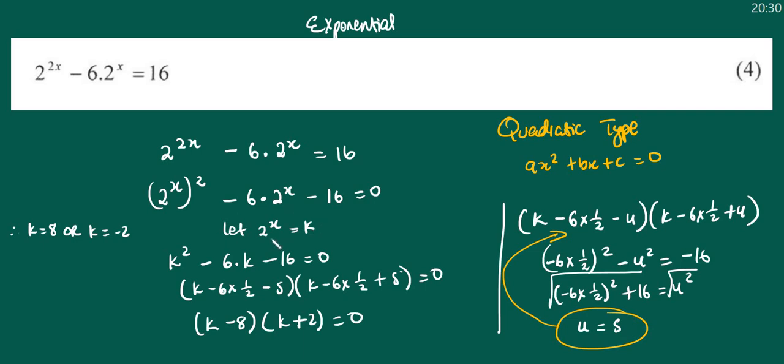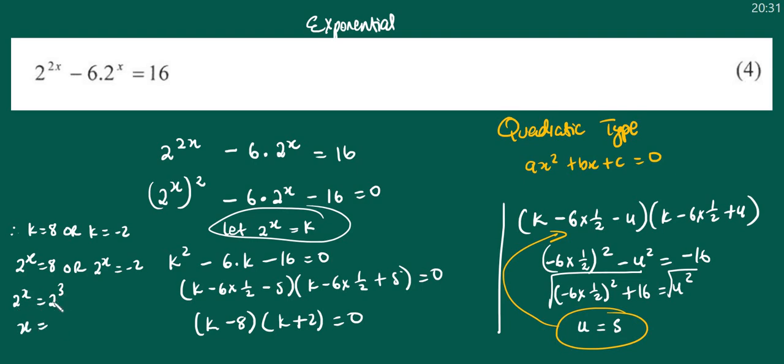But do not forget that k is 2 to the power x. So you then say 2 to the power x will be 8 or 2 to the power x will be minus 2. In this case, you write 8 as 2 to the power 3, so that you then drop the base, the exponent, since the bases would be the same. We say or no solution.